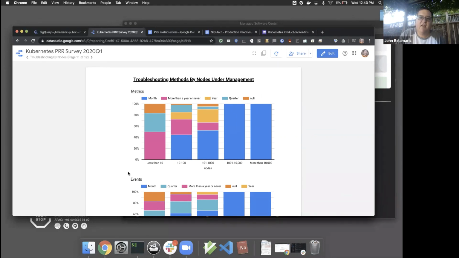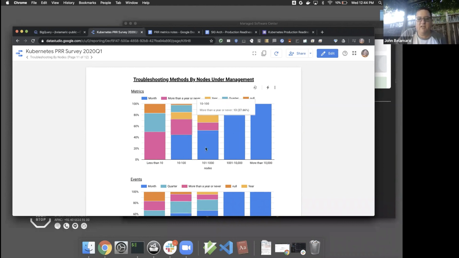I find it a little troubling that there are so many never using metrics, but on the other hand, I'm not surprised that as you move to the right in this chart, it goes down. So in that sense, it's not that surprising.